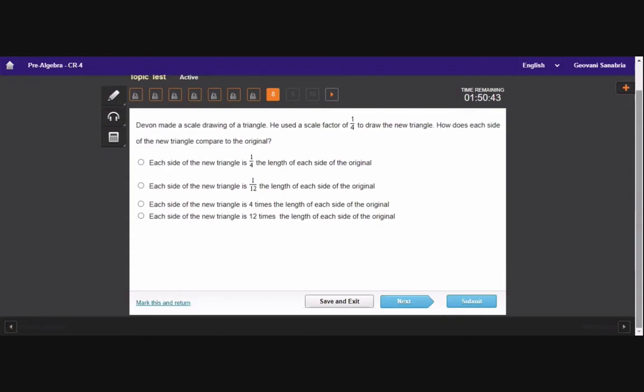If I need help, I guess. David made a scale drawing of the triangle. He used a scale factor of 1/4 to draw the new triangle. How does each side of the triangle compare to its radius?